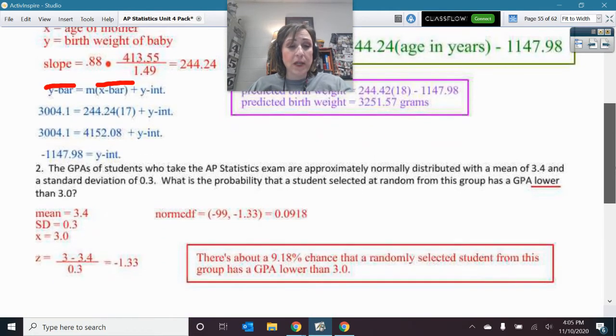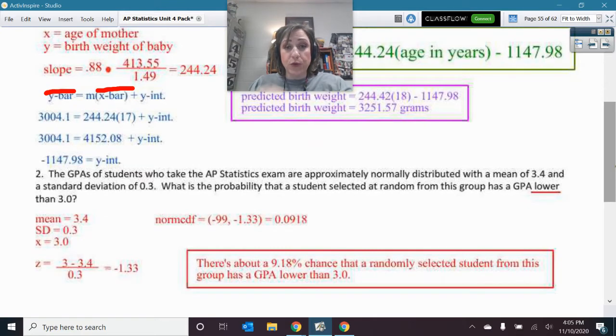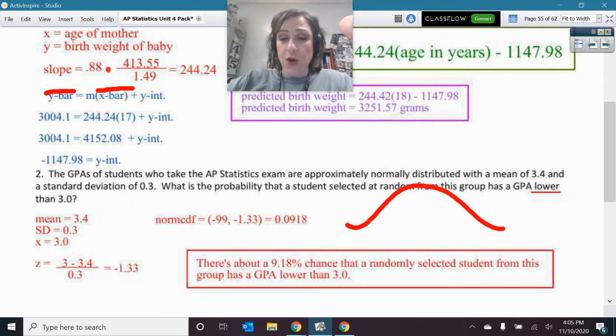All right, this next one was a throwback to Unit 3 with normal model. So I just come over here and I start listing my information I have. Mean, standard deviation, the x value is 3. So I'm going to get my z-score, x minus the mean over the standard deviation. And I got my norm. So once I have that, this is where my z-score is at negative 1.33.